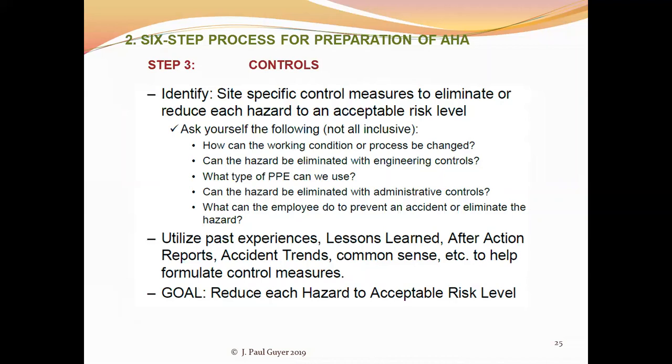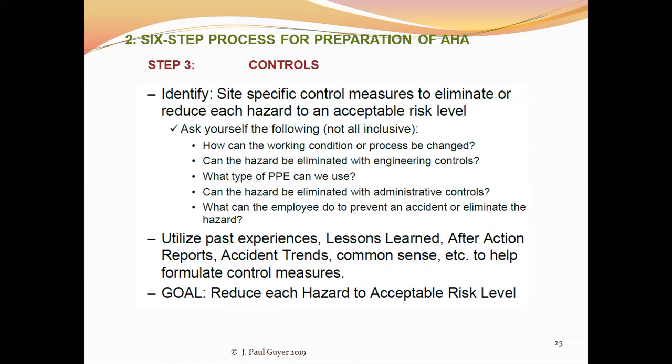Constructing a shoring for the excavation for the pipeline. What type of PPE can be used? PPE means personal protective equipment. Hard-toed shoes, gloves, knee pads, hard hat, reflective jacket, that sort of thing. Can the hazard be eliminated with administrative controls?